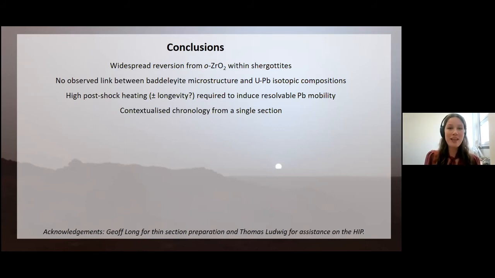So yes, Baddeleyite is a really interesting and exciting mineral for dating shocked planetary materials, and where shock characteristics and Baddeleyite microstructures indicate low post-shock temperatures, Baddeleyite is a really useful tool for dating the crystallization age of the rock you are looking at. And that's me, so I'll happily take any questions.